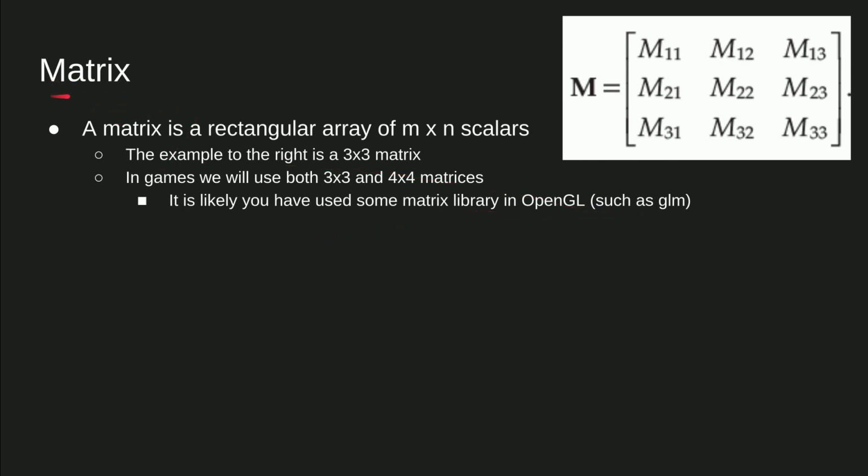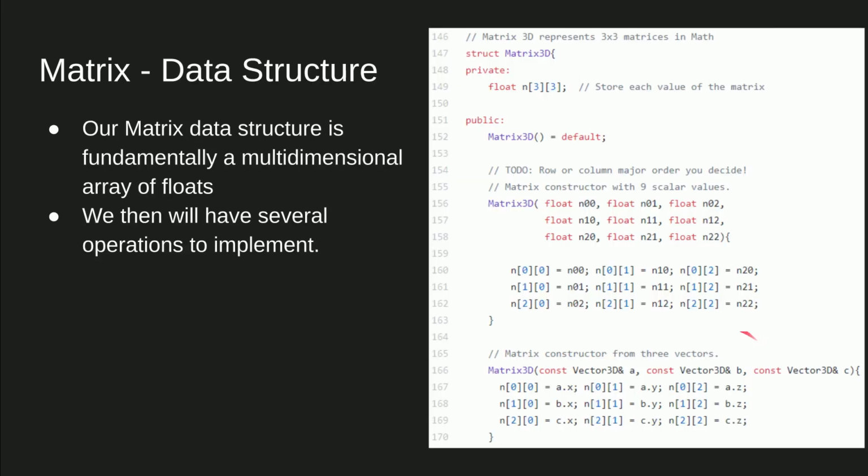But the idea of a matrix is that it's a rectangular array of n by n scalars. So here's an example. This is a 3 by 3 matrix. In 3D games, we like 4 by 4 matrices, and they make transformations work nicely for us. We probably won't use them as much for 2D games, but there are some use cases where we'll do some transformations, or could.